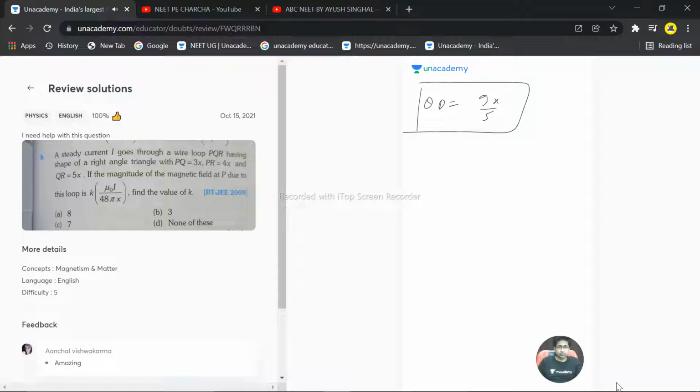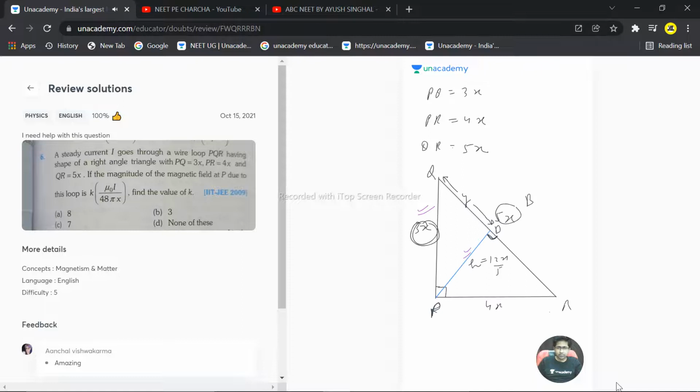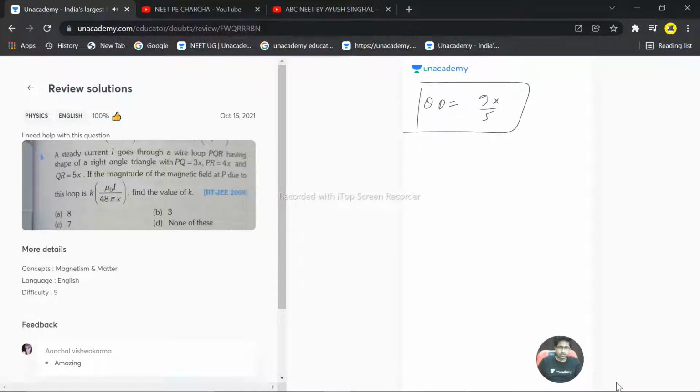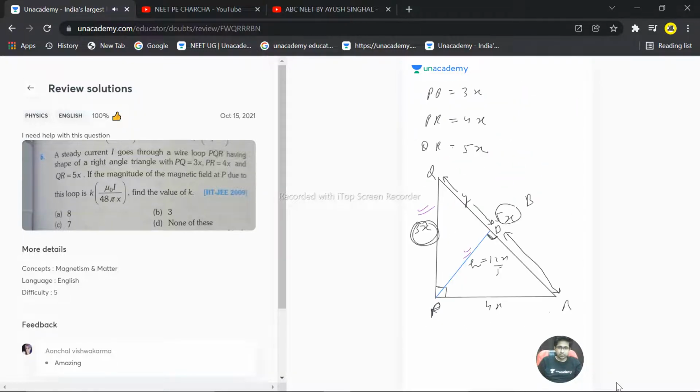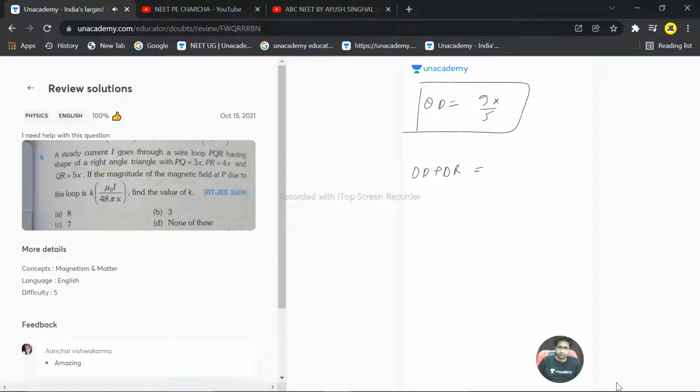So we have calculated the value of QD. Now what is DR? DR is the remaining part. QD plus DR is equal to 5x, the entire distance.